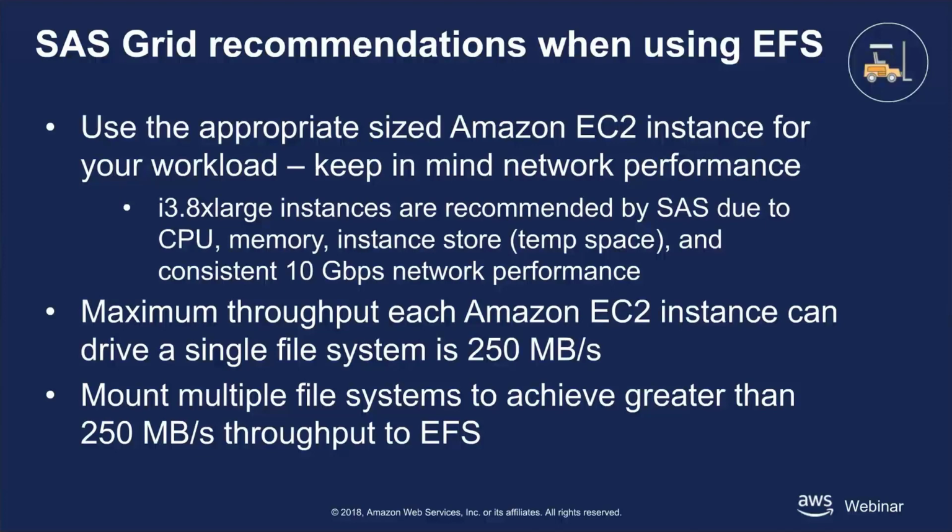Keep in mind that the maximum throughput each EC2 instance can drive to a single EFS file system is 250 megabytes a second. So in order to achieve higher throughput than this, we recommend that you mount multiple file systems to each EC2 instance.